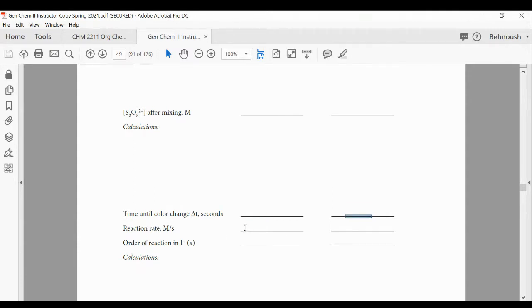Reaction rate. How do you find that number? If you have the time here, which is delta T, you would use equation number 19 to calculate the rate. Yes, you have to show your calculation. You put your calculation in the blank area.